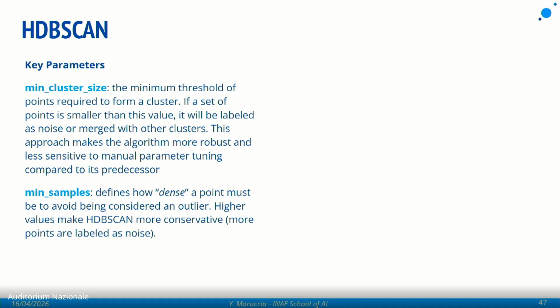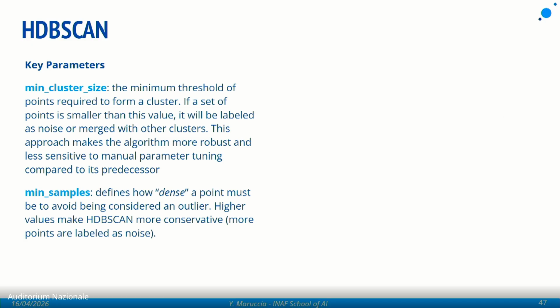Well, the key parameters of HDBSCAN are the minimum cluster size, the minimum threshold of points that are required to form clusters, similar to the min points of DBSCAN, but also the min samples, which helps us define how dense a point must be to avoid being considered an outlier.